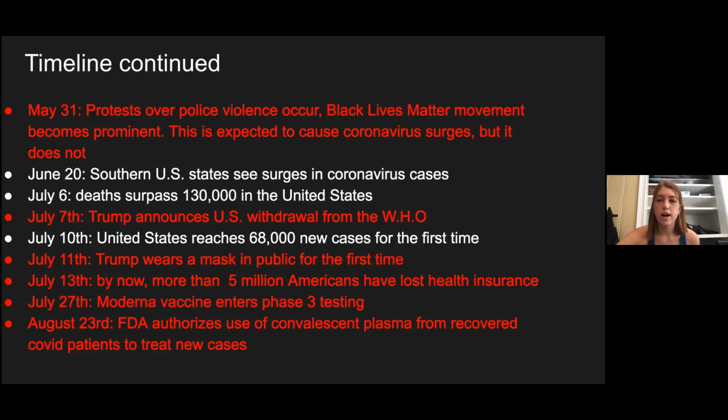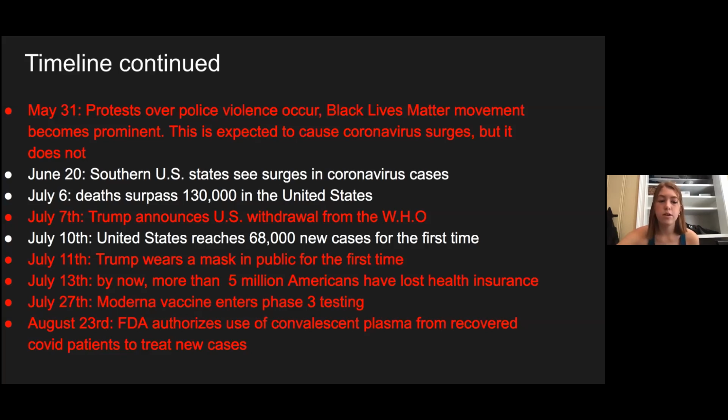Then on July 13th, by this point, more than 5 million Americans had lost health insurance, which obviously is devastating. And by July 27th, the Moderna vaccine entered phase 3 testing, which was a little spark of hope that maybe we could get beyond this at some point soon.